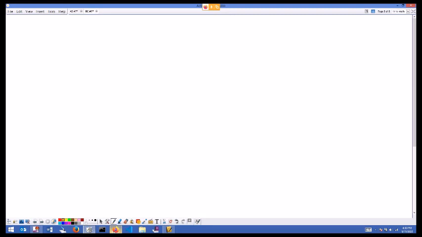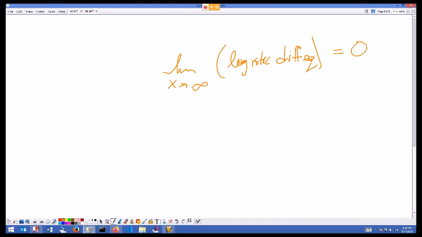What you're given there is a logistic differential equation, and it's asking what the limit is as x approaches infinity of g prime, the second part of part B. That's the limit as x approaches infinity of your logistic differential equation. Does that make sense? That's always equal to 0.